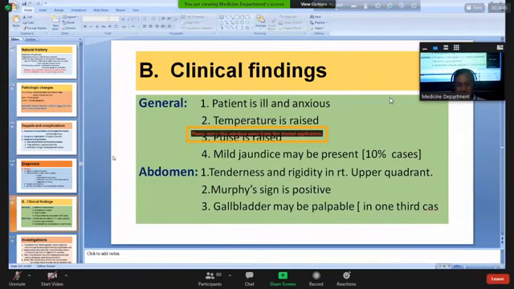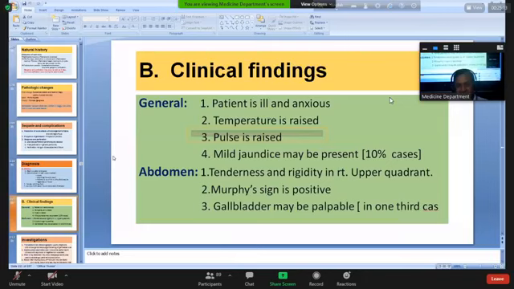During respiration, particularly during inspiration, as the diaphragm moves up and down, the liver moves up and down along with it. So at the height of inspiration, the diaphragm, liver, and gallbladder come to the lowermost level, and we are able to touch the inflamed gallbladder with our thumb.